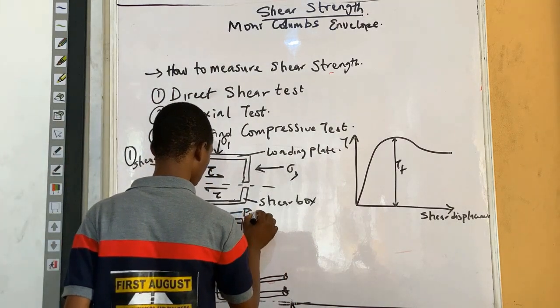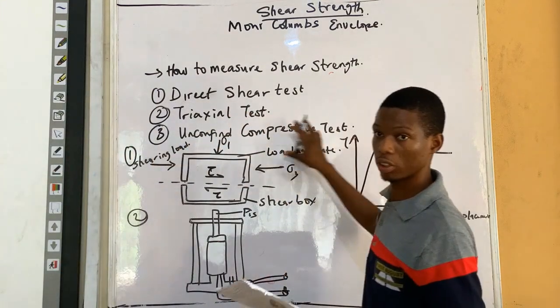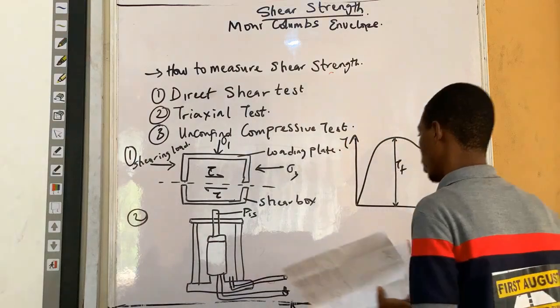Which one is that? This one is the one. We are done with writing the document. Let me come back.